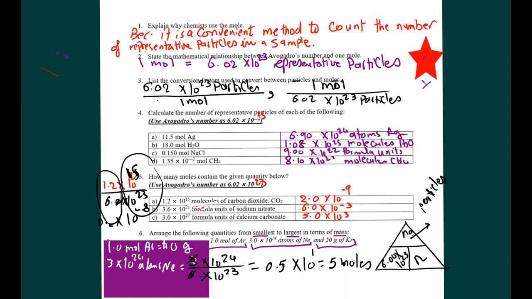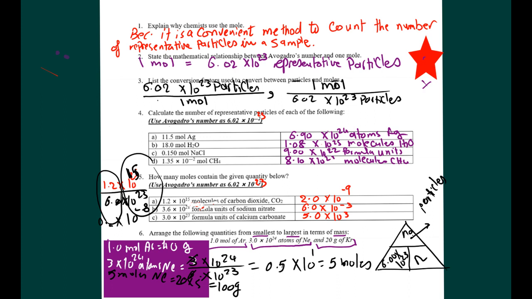Then you need to change the moles into mass. So 5 moles neon equals, you will get the number from the periodic table, atomic mass is 20, so 20 times 5 equals 100 grams. And the third one doesn't need any change because it's already given in grams.